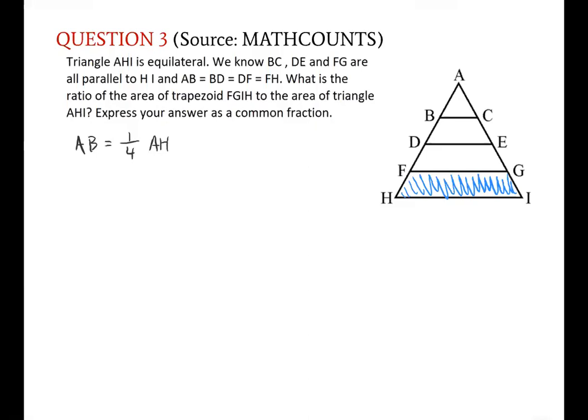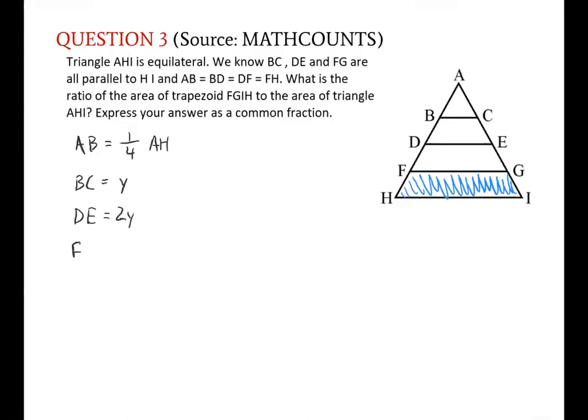So we can represent BC as y, and since each of these triangles is basically 2 times the side lengths of the smaller one, if BC is y, then the next side, DE, will be 2y.